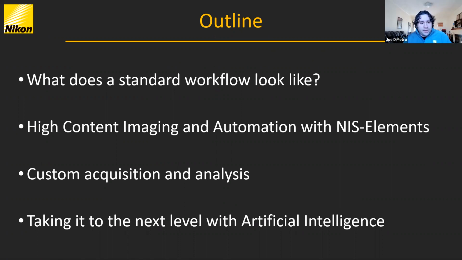We'll get into how that workflow can be scaled up to more high content imaging and automation. Then we'll get into how and why you would do more custom acquisition and analysis. That's when we'll get into things like jobs and GA3. These are terms that we use for interfaces within Elements to do automated experiments and automated analysis.